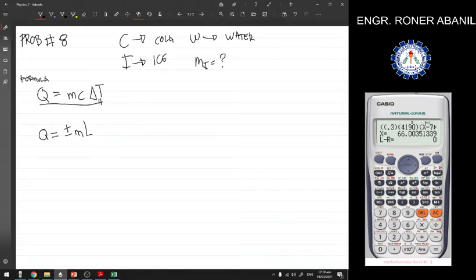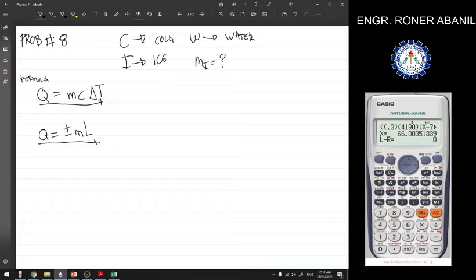Ito naman gagamitin natin para sa changes ng phase. So, makukuha natin yung expression for the heat required to melt the ice at 0 degrees.